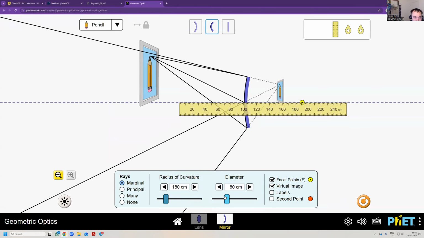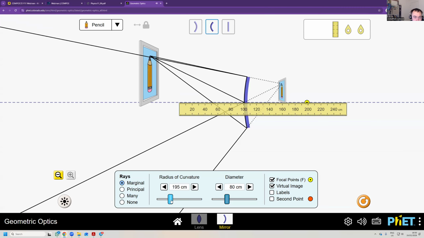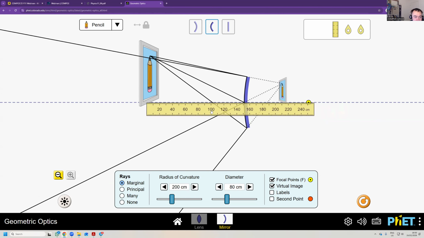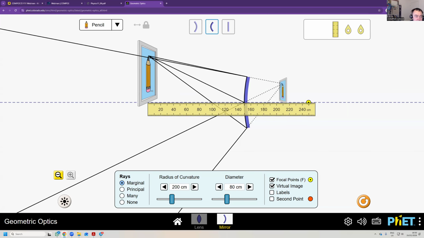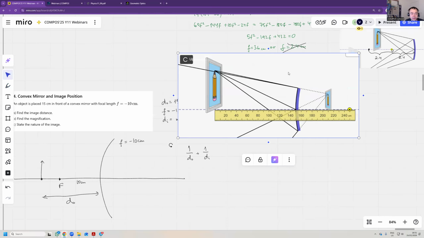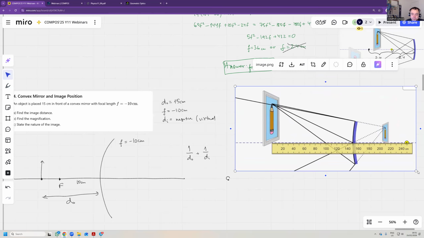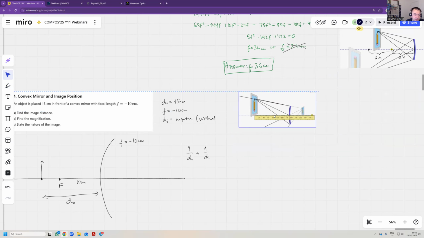So let's change the focal point to about 10, and we place the object at 15. We can see that it's a virtual image. It's behind the mirror, so it cannot be real. This is the situation. And let's see if we can get a reasonable answer. Okay, virtual.